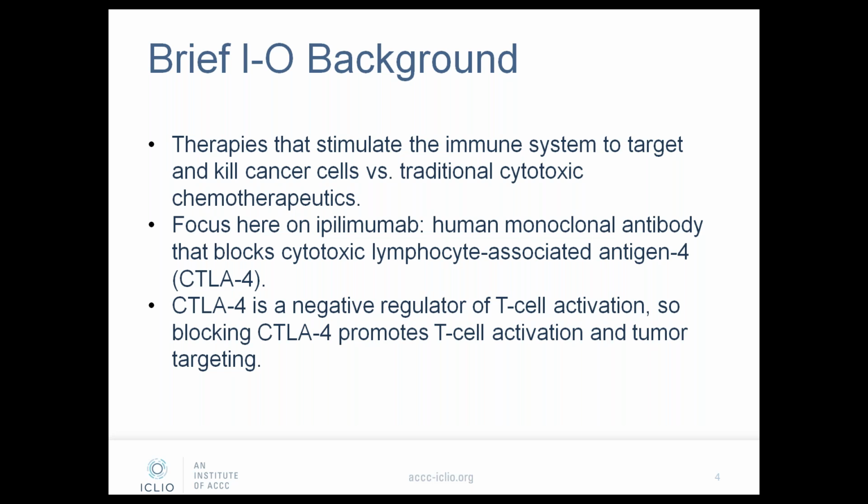Because CTLA-4 is a negative regulator of T cell activation, blocking CTLA-4 promotes T cell activation and tumor targeting. Some tumors, research has shown, become so-called quote-unquote smart. They will activate CTLA-4, which therefore downregulates T cells, and they evade immune responses in that way. So that's, very briefly, a 30,000-foot view of how ipilimumab works. Next slide.